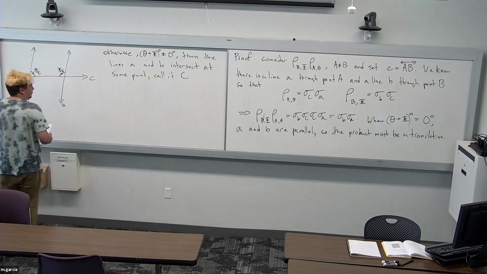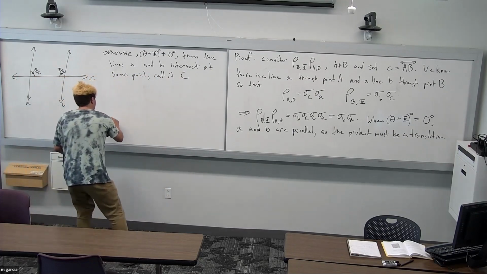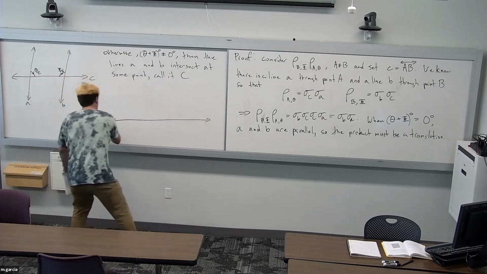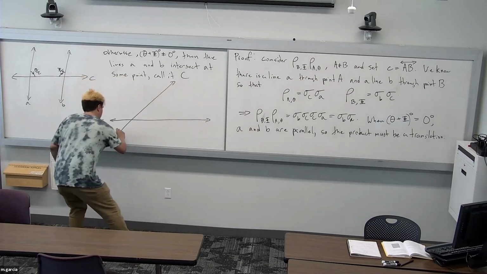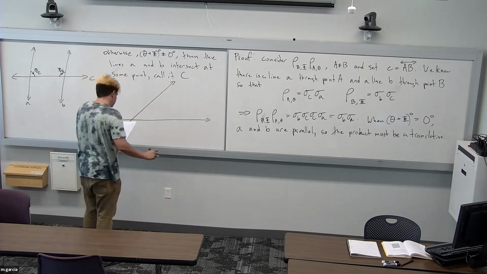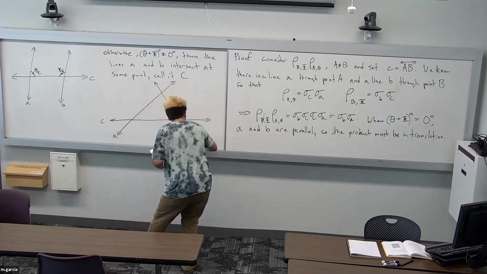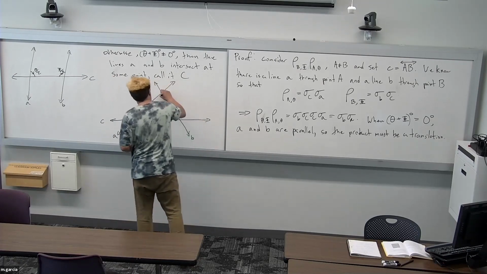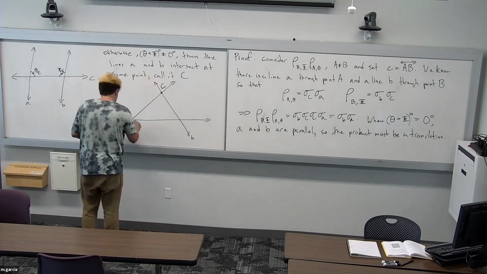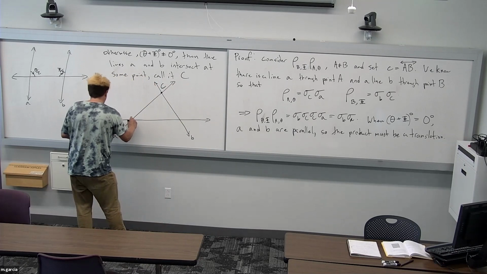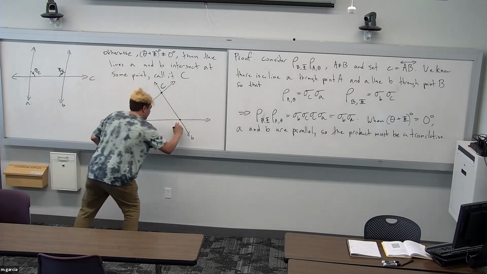Okay, so let's draw this scenario as well. I have my line C, my line A, and my line B. Here's my point, capital C. I have my points A and B here.